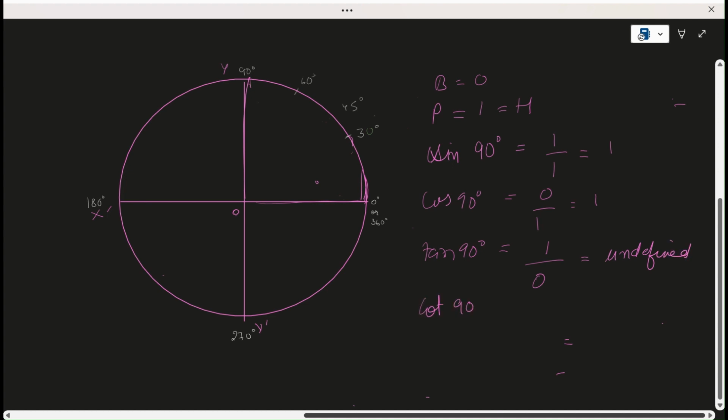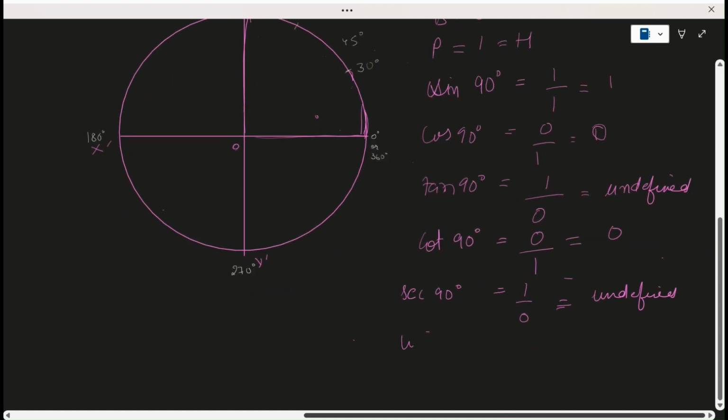Cot 90 degree is equal to inverse of tan, that will be 0. Secant 90 degree, inverse of cos, that will be, sorry, cos will be 0, I wrote wrongly. 1 upon 0, that will be again undefined.